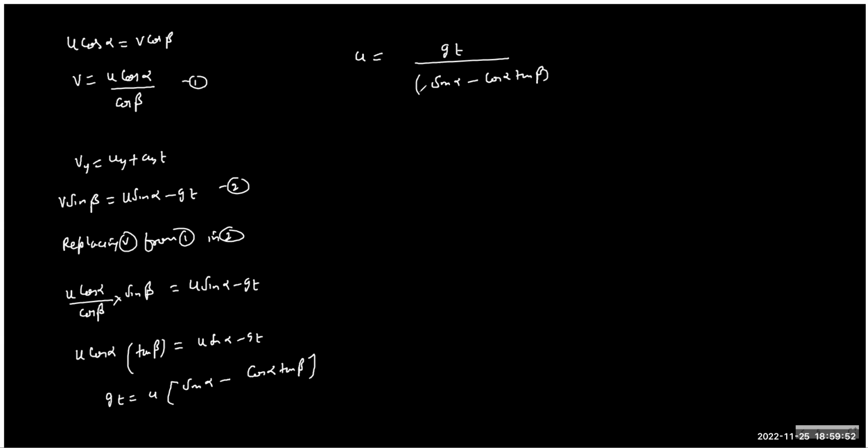That's simple. So you can take cos alpha from the bottom, common. So you get tan alpha minus tan beta. And take it here. It's clear now?